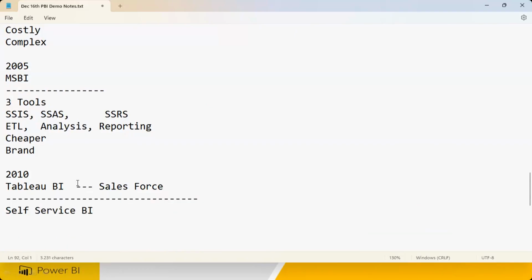Self-service BI means any non-technical people can create a beautiful report similar to your Excel sheets. Clear? We can create beautiful visualizations by learning Tableau BI. Any non-technical people, MBA guys, BCom guys, botany, zoology guys, can create beautiful reports and give the reports to their bosses.